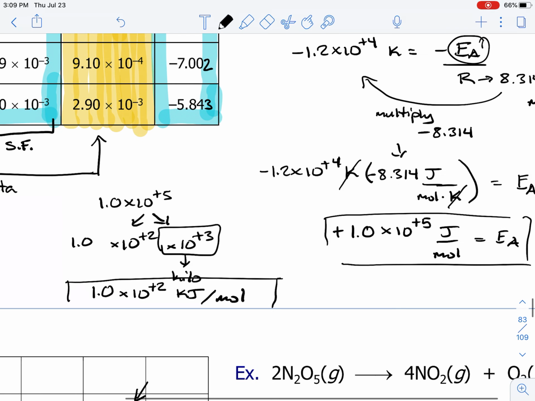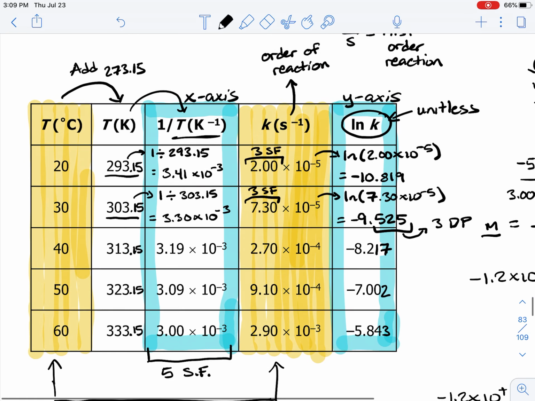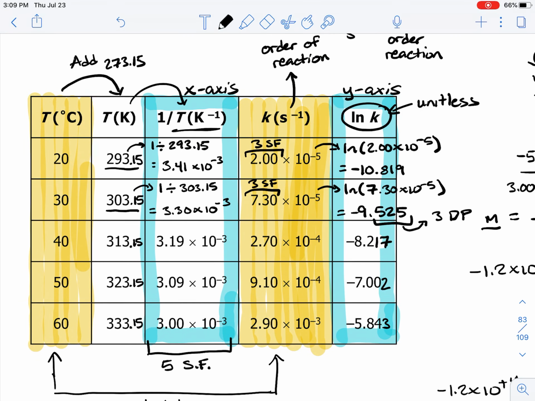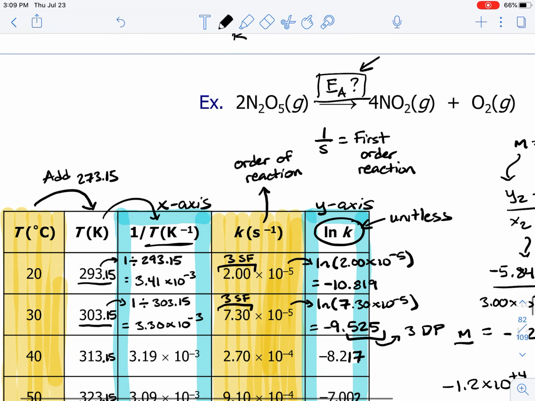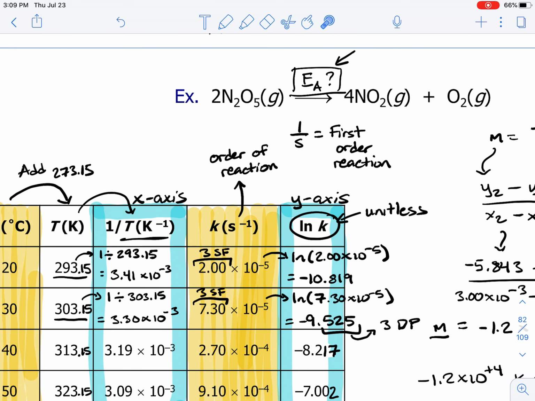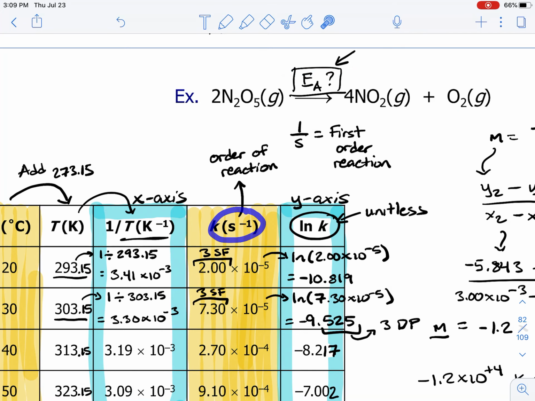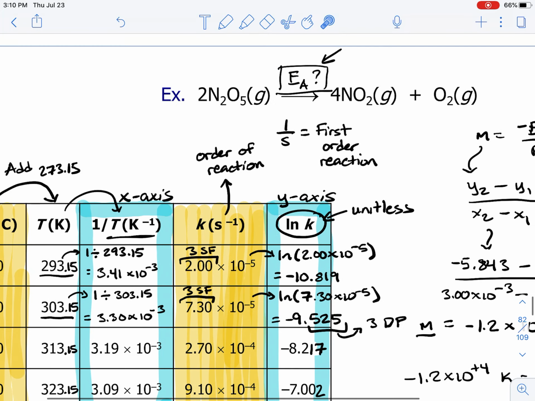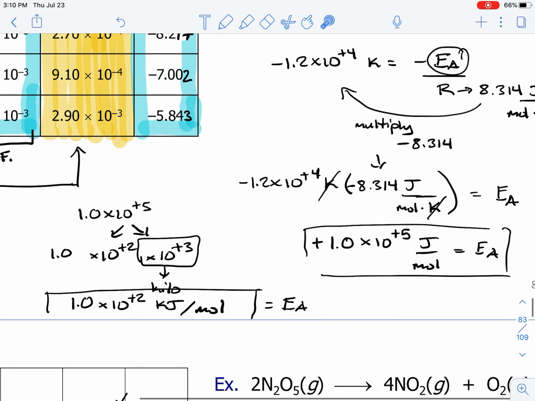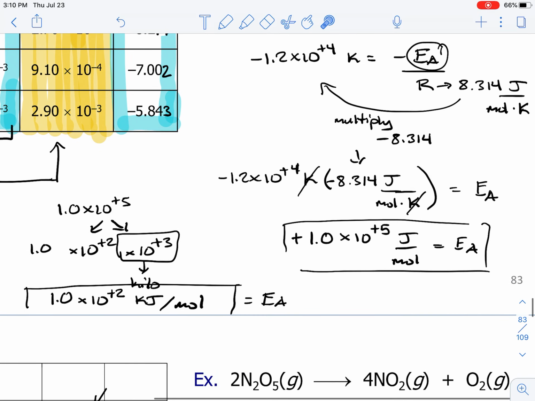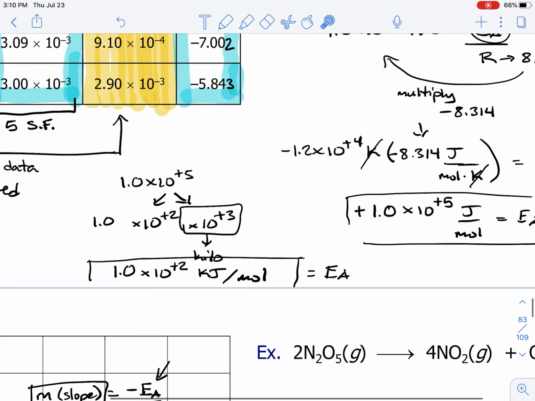So that's great. We're able to solve for the activation energy using the data that was gathered from an experiment. And so not only do we know that this reaction is first order because of the unit of the rate constant k, we now know that the activation energy, that hill on a potential energy diagram, is going to be 1.0 times 10 to the positive 5 joules per mole, or 1.0 times 10 to the positive 2 kilojoules per mole.